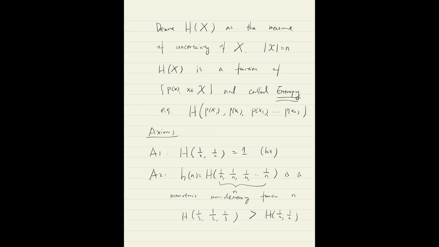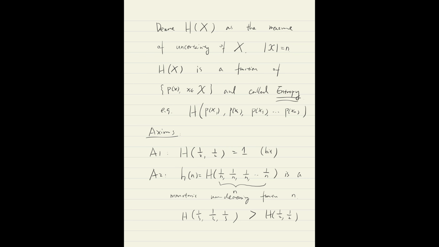So denote h as the measure of uncertainty of capital X. And here, as we said, we assume that the total number of outcomes is finite, it's n.